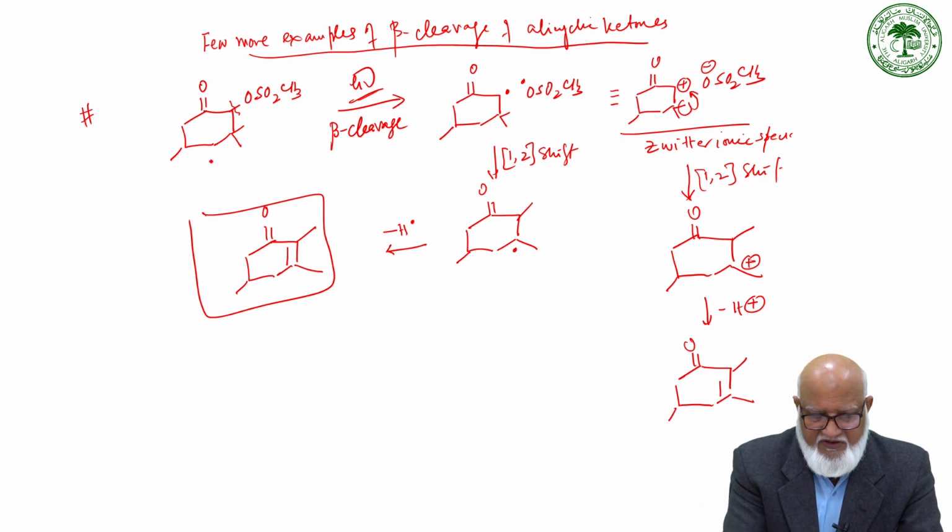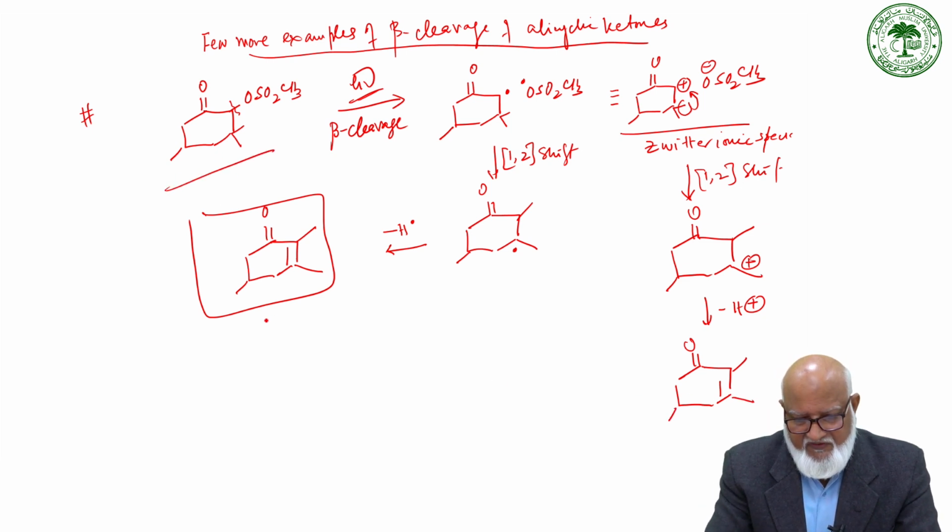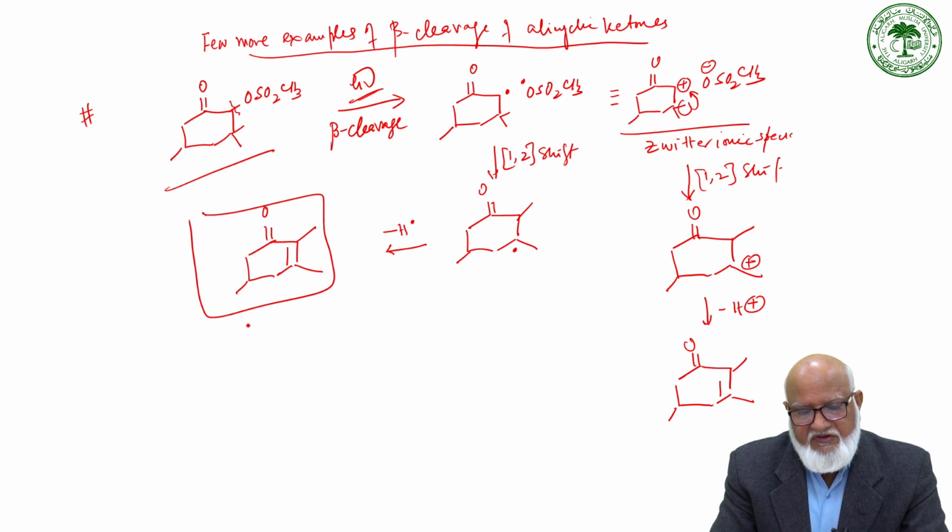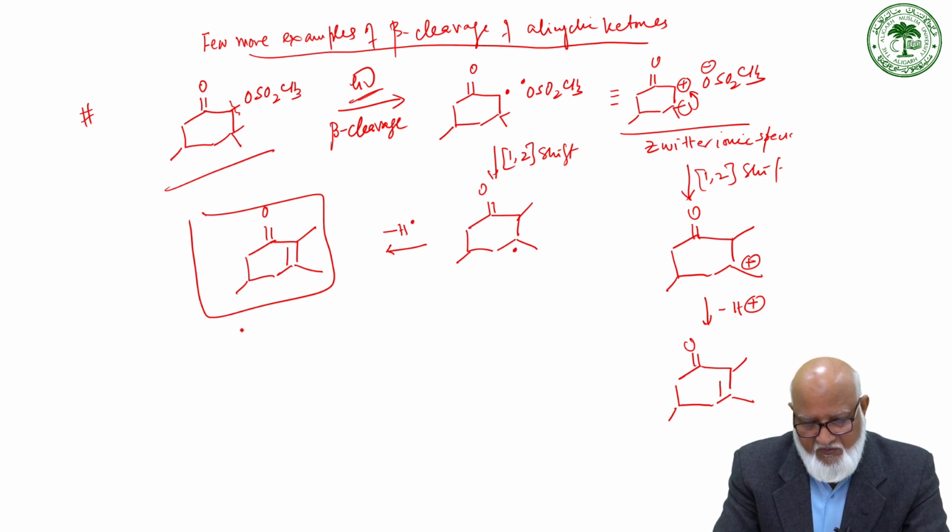So you can see from an isolated carbonyl we ended up with an alpha beta unsaturated ketone with a rearranged methyl group.